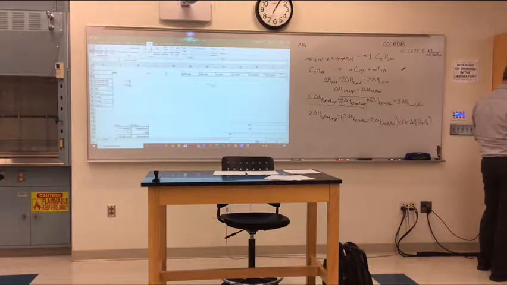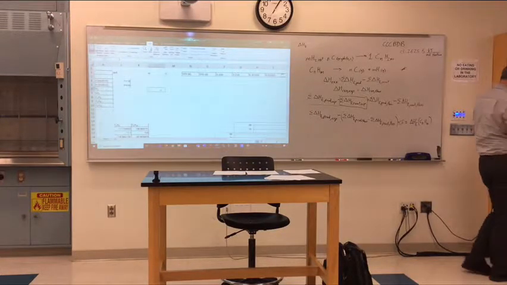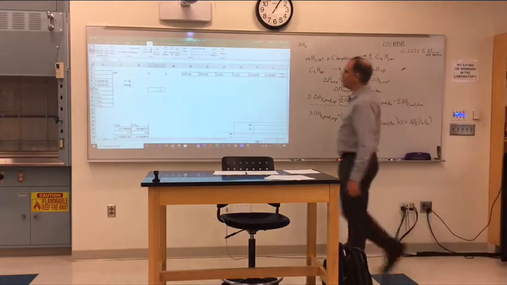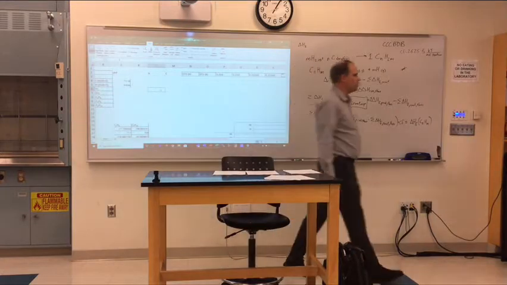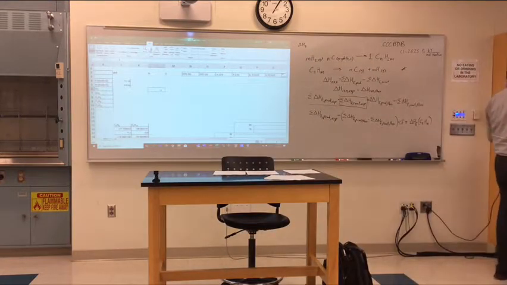So, what we want to do in these two columns, the number of carbons and the number of hydrogens, is essentially write out what the chemical formula looks like. So this one has 2 hydrogens, that one has 4, 6, 8, 10.